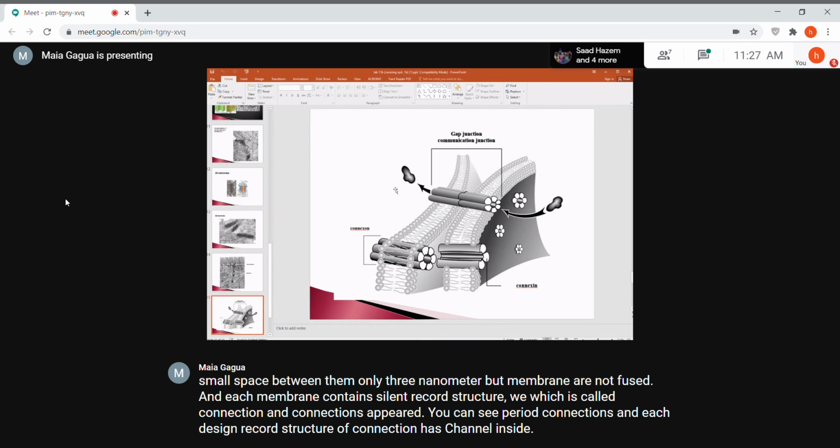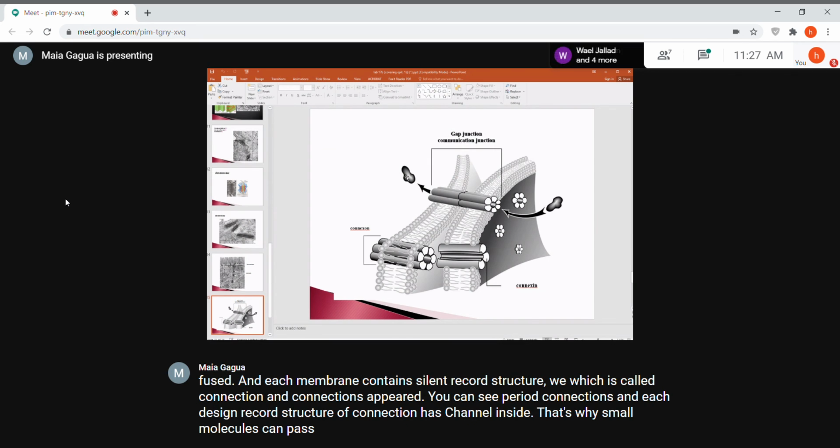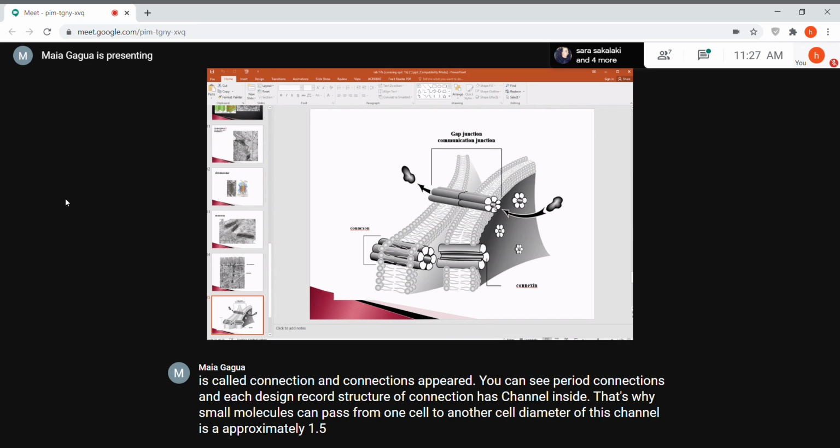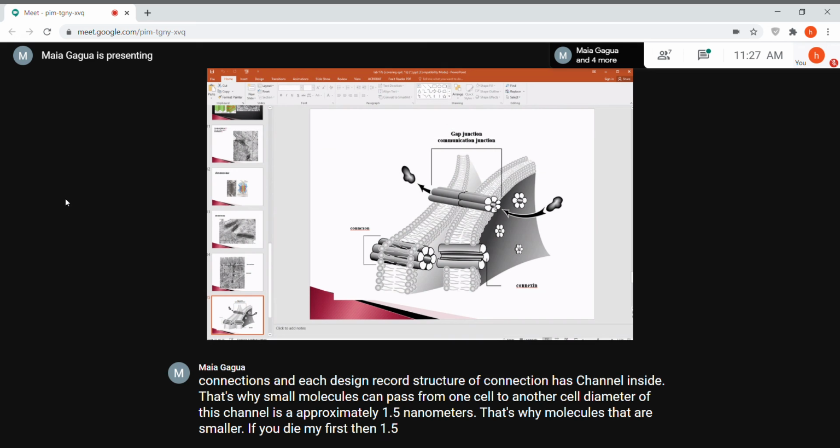That's why small molecules can pass from one cell to another cell. Diameter of this channel is approximately 1.5 nanometers. That's why molecules that are smaller in diameter than 1.5 nanometers can pass through the channel.